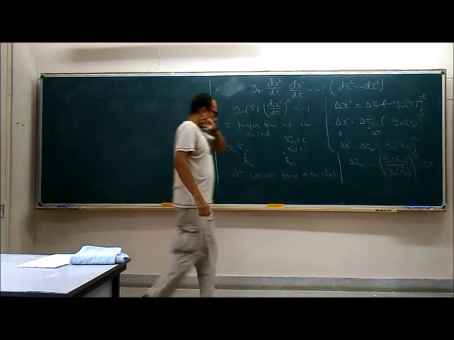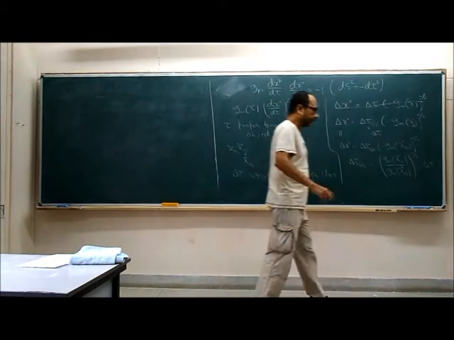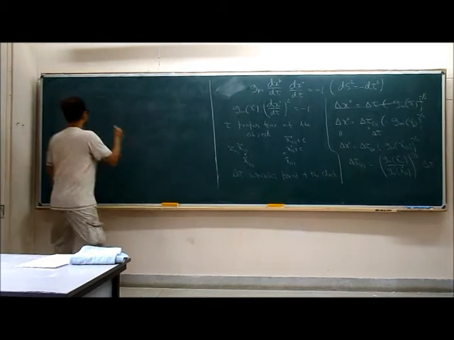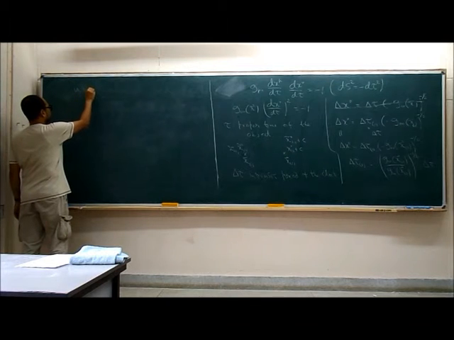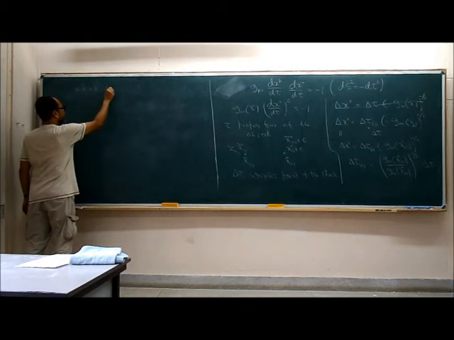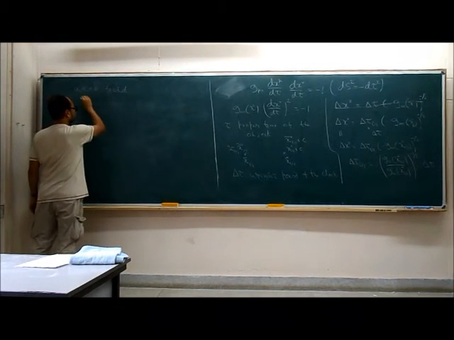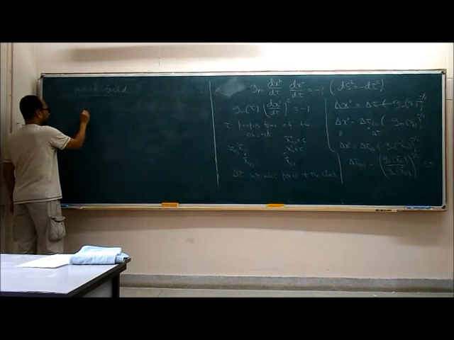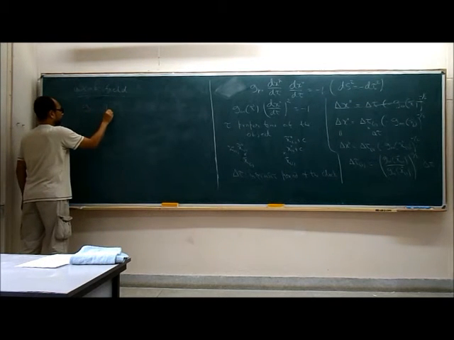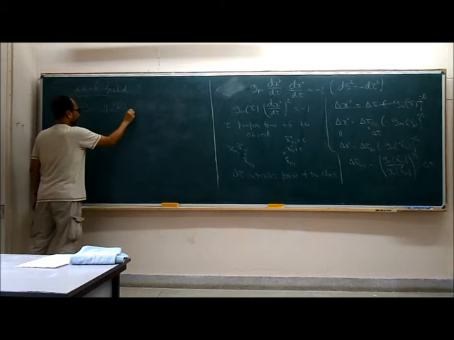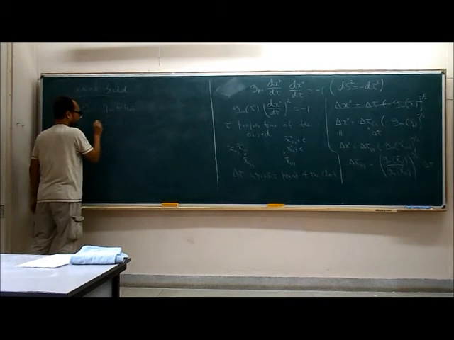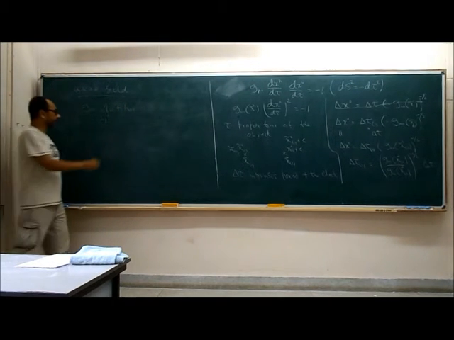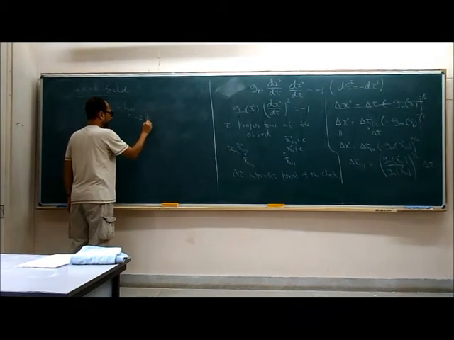So let's try to see what it looks like in the weak field approximation. In the weak field limit, we have seen that g00 you can write as eta00 plus h00. Eta00 of course is -1, and h00 we identified as -2 phi, where phi is the gravitational potential.